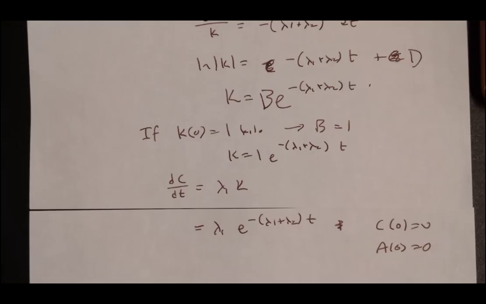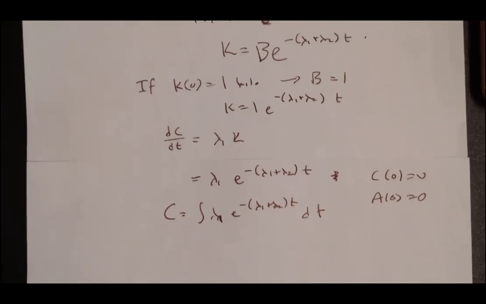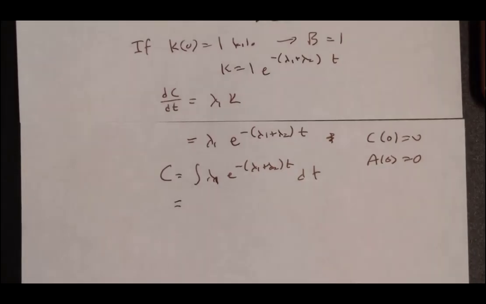E to the number t. What's the antiderivative for e to the number t? The integral of e to the 3t is.